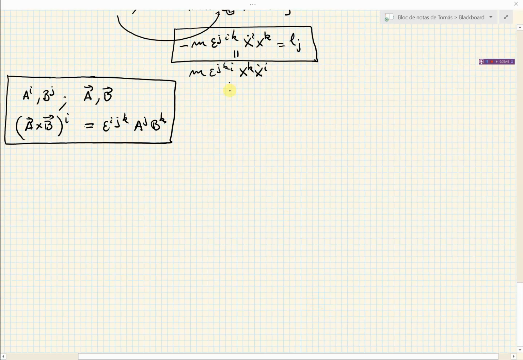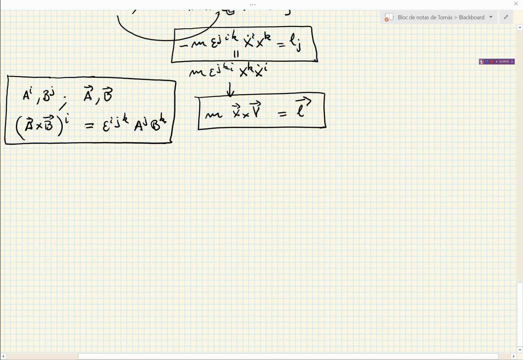Then you see that this is just m, then this is x times velocity, and this is the component i. But if I don't write the components, this is L, which is probably the form in which you have learned to write the angular momentum, as the vector product of x and p.